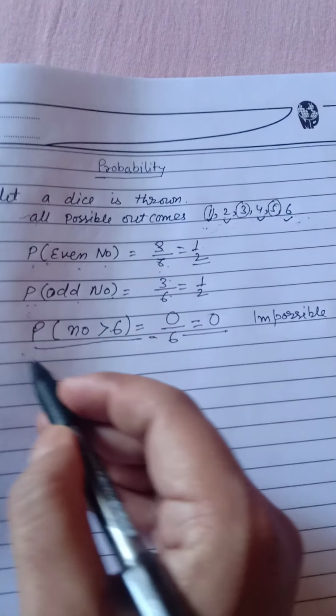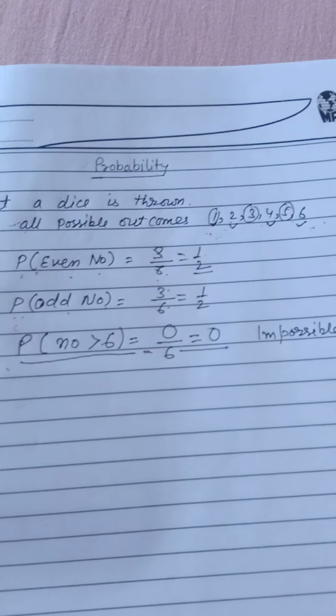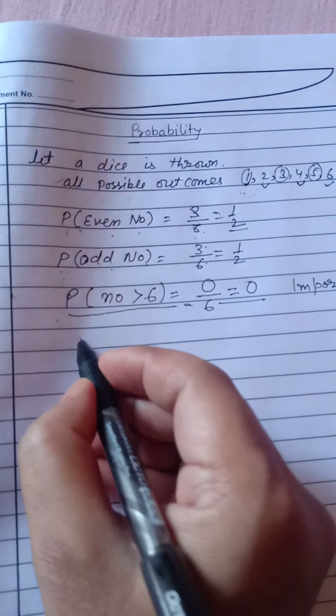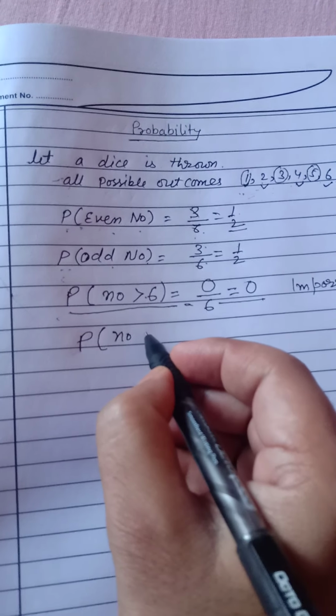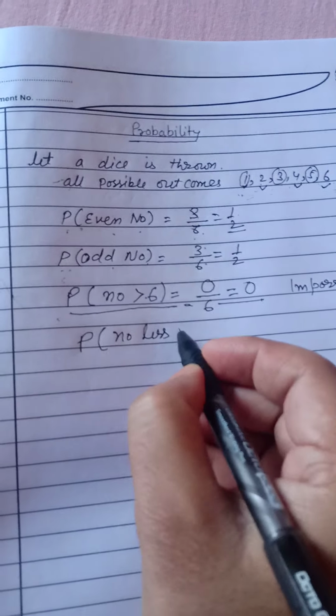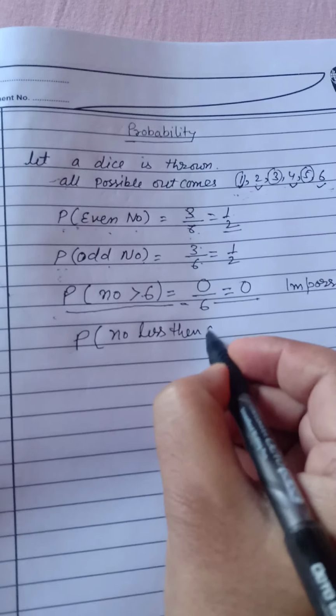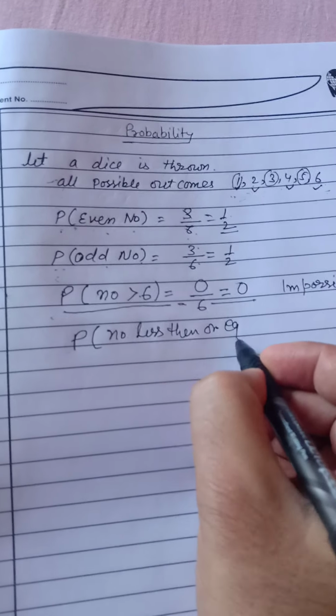So in this way you can define the impossible event and the sure event. Now suppose we are finding the probability of a number less than or equal to 6.